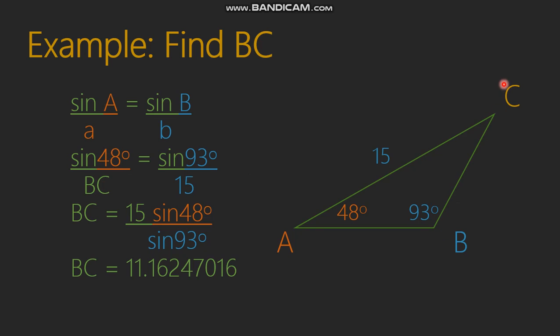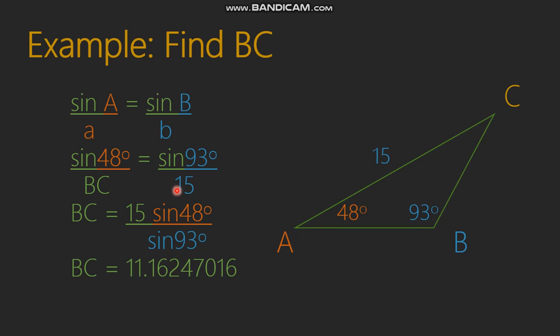Now, this is BC, which is basically side A, since it's opposite to the angle A, which is missing and we want to find. This is equivalent to sine of angle B, which is 93 degrees, over side B, which is side AC, which is 15. So sine 93 degrees over 15.